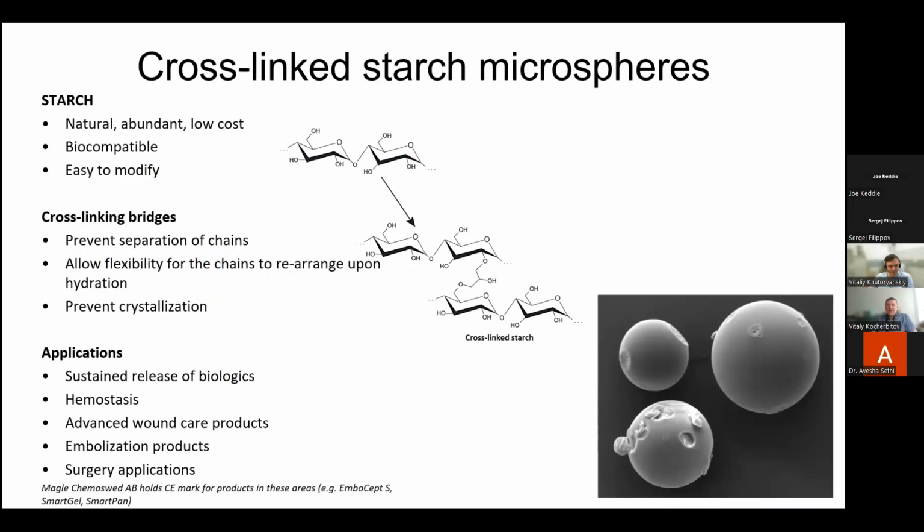But then recently we started to collaborate with a company called Magle, which later changed its name to Magle Chemoswed, and they produce cross-linked starch microparticles, or they also call them microspheres, primarily intended for drug delivery, but also for applications in surgery and so on.